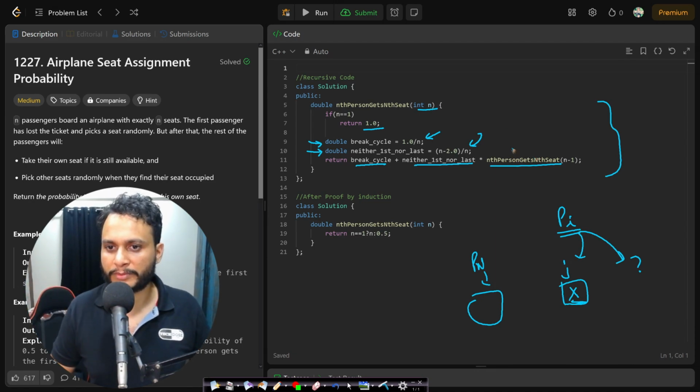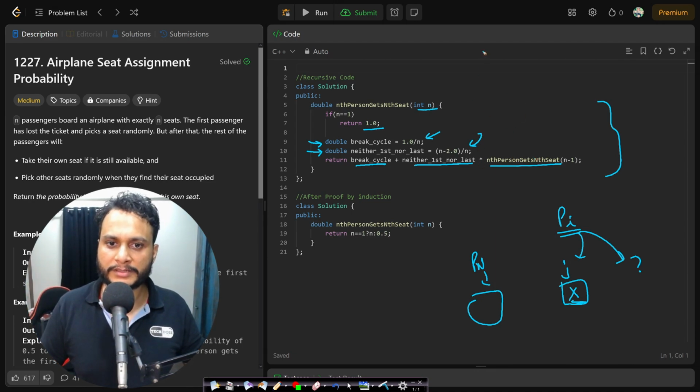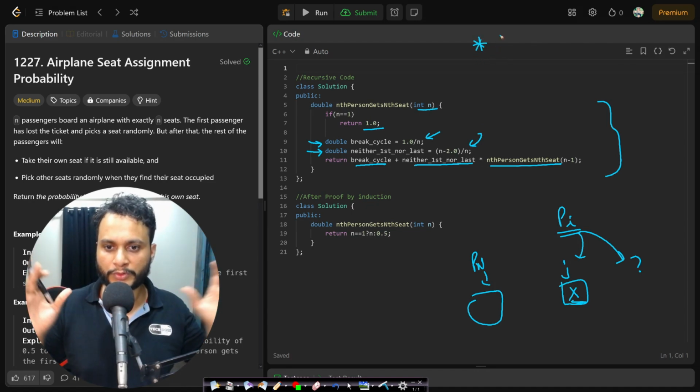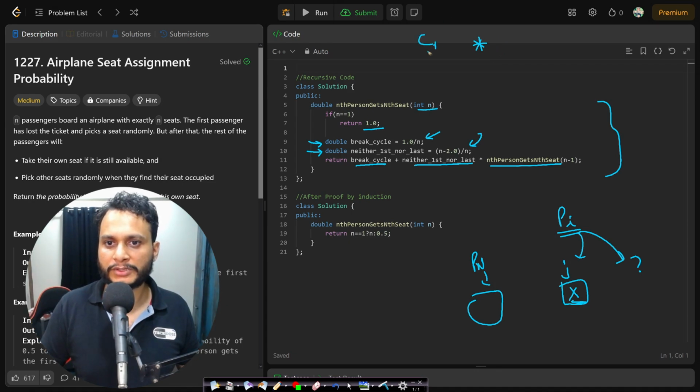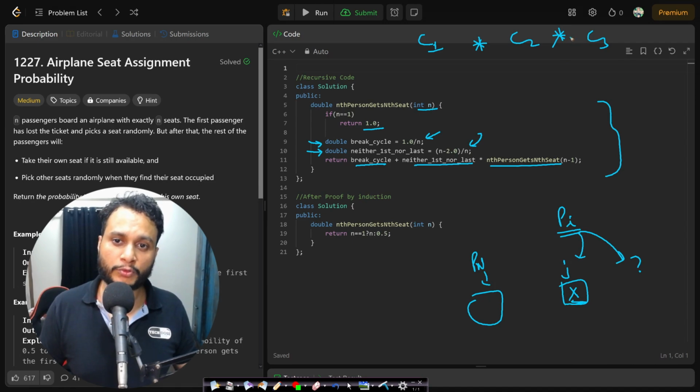You have to multiply because, in probability, you always multiply whenever multiple conditions have to come together. Like let's say condition 1 and condition 2 and condition 3, all these conditions should happen together to get to your final answer.